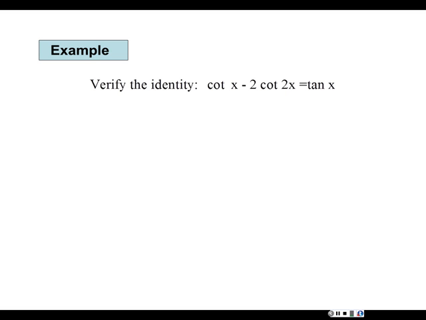Now the 2 and 2 get cancelled. So in the numerator you have 2 tan squared x, and in the denominator 2 tan x. If you cancel, you will be left with tan x only, which is the right side.